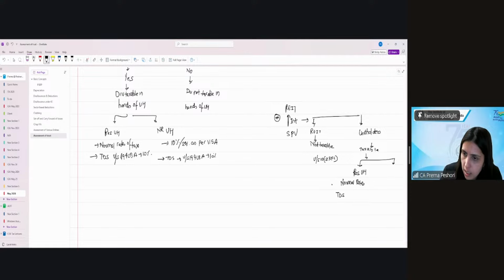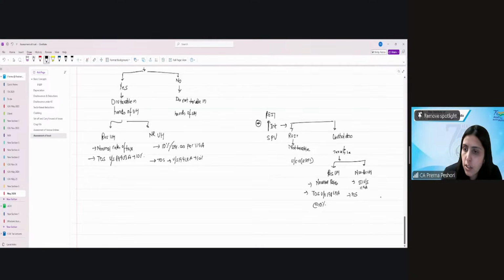And TDS will be there under section 194LBA at the rate of 10%. And if it is non-resident unit holder, then this will be taxable at the rate of 5% under section 115A. And again, my TDS under section 194LBA is 5%.